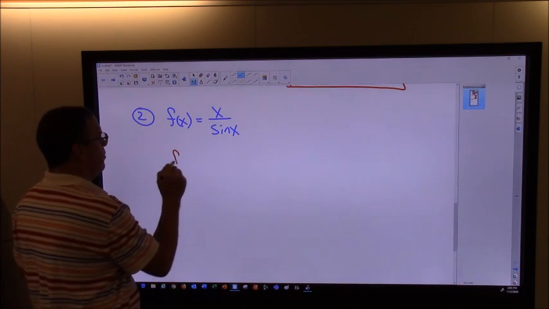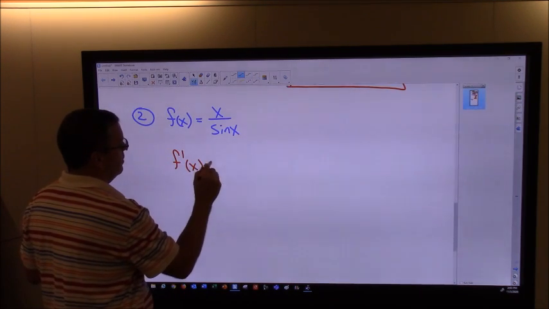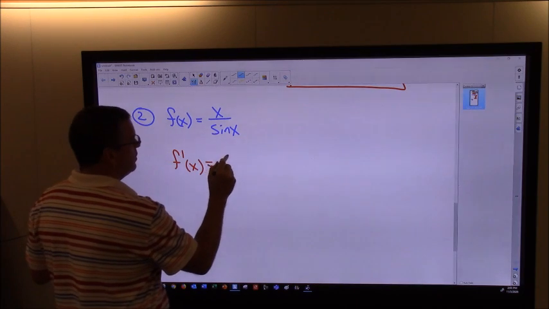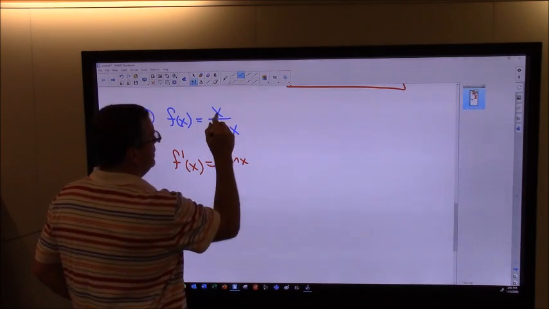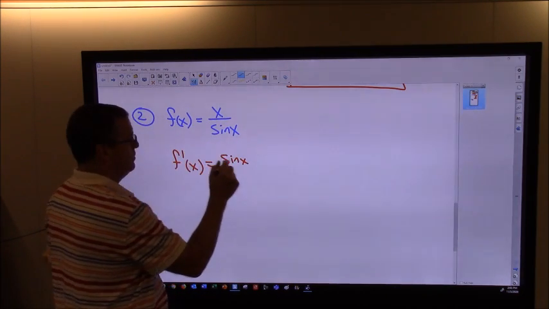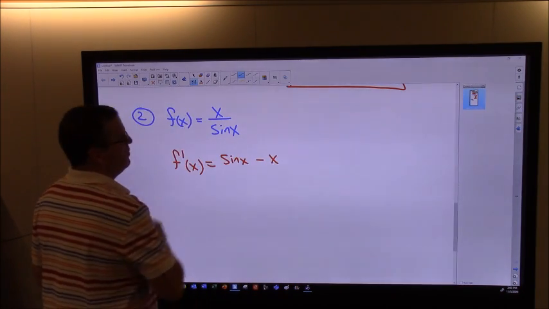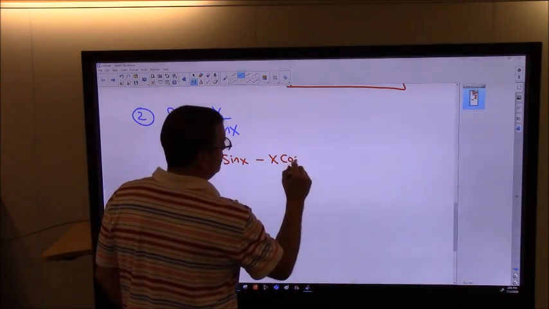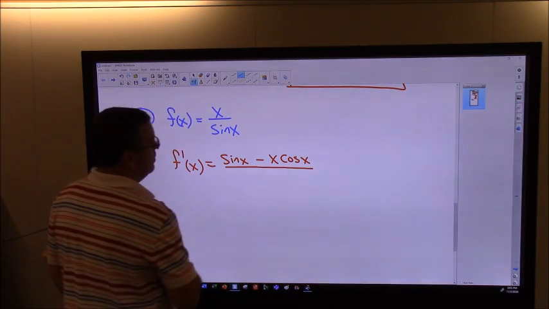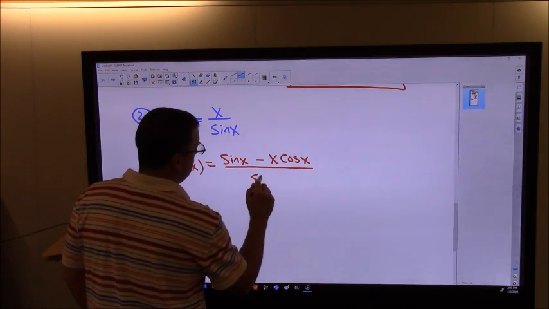All right, so f prime of x, I've got low, d high, derivative that's 1, less high, d low, derivative of sine of x is a cosine of x, all over low squared.